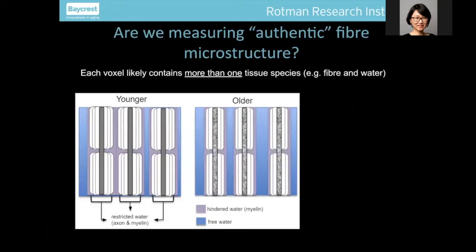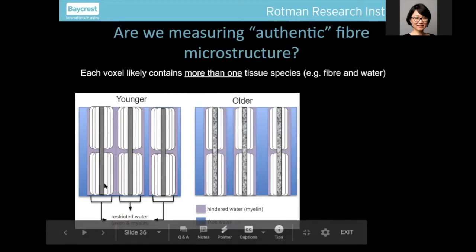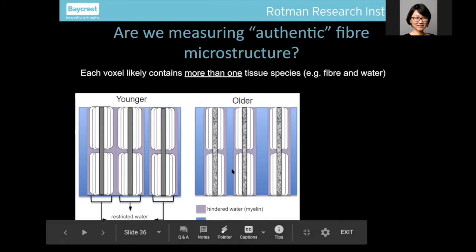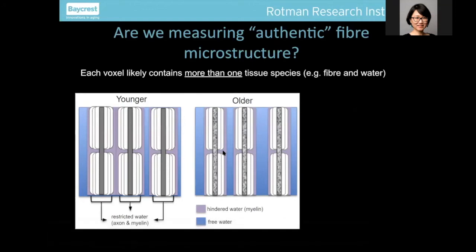But are we measuring authentic fiber microstructure? By authentic, well, it's in quotes. I use it to represent the sense that we want to measure cellular microstructure and not a mixture of cellular and extracellular, as I mentioned before. So young fiber tends to be tightly packed together, whereas older fiber tends to have more space between them. And we have these different compartments. We have the hindered compartment, which we categorize as cellular water, and we have this blue, which is free water.